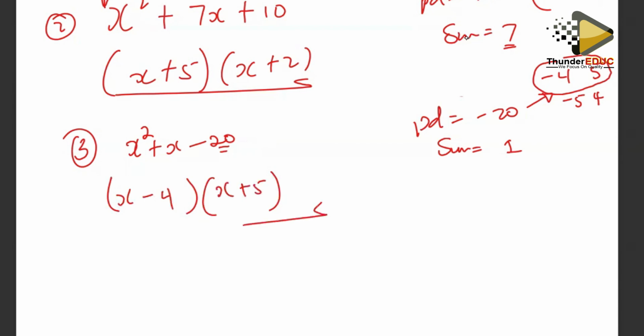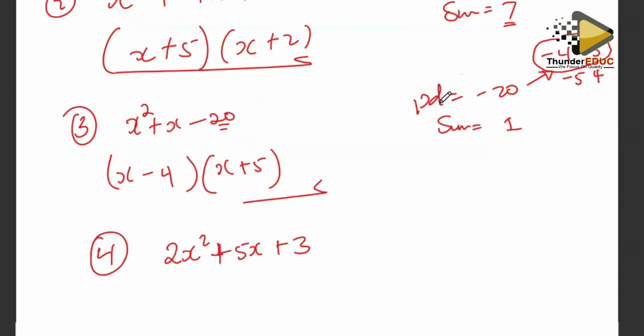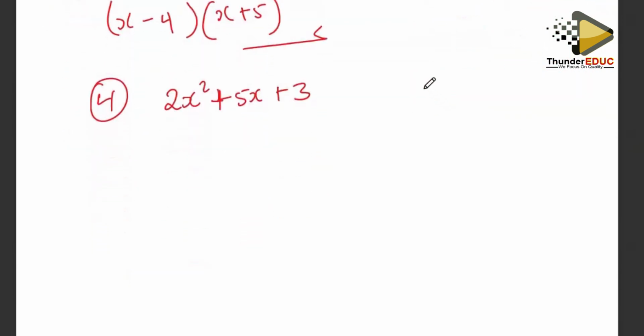Okay, there we go. And then what's going to happen if we have 2x squared, maybe plus 5x plus a 3? Let's keep it as that, plus 5x plus a 3, where the a is a 2. You open your 2 brackets.